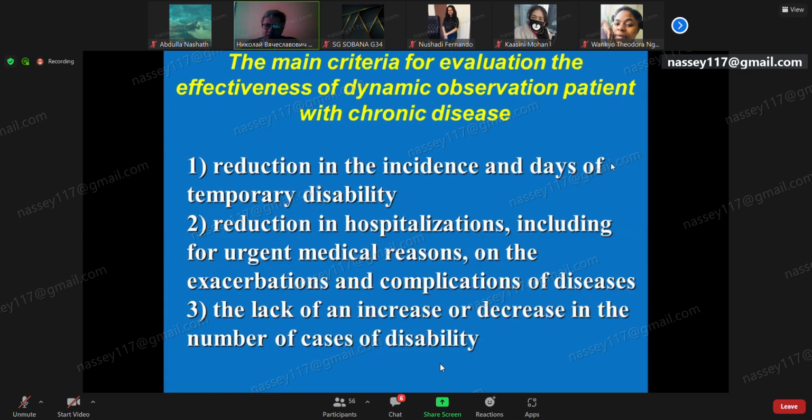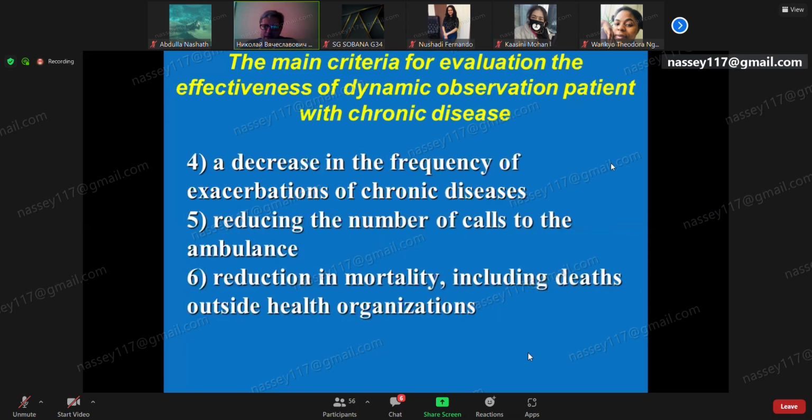Disability means persistent disability due to disease progression, such as bronchial asthma progression, COPD progression, peptic ulcers. Other criteria are a decrease in the frequency of chronic disease exacerbation during 1 year.